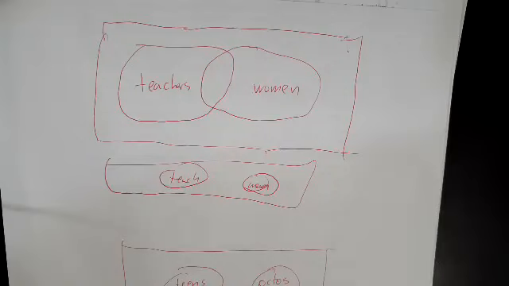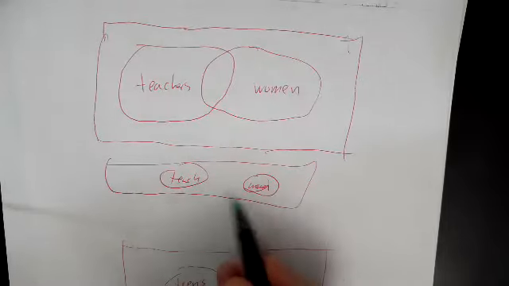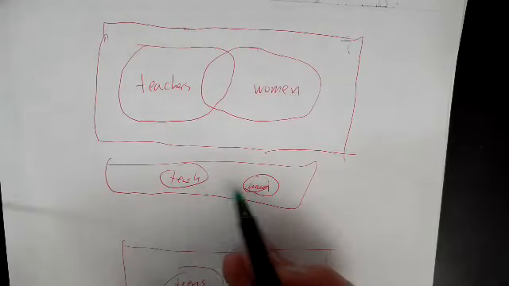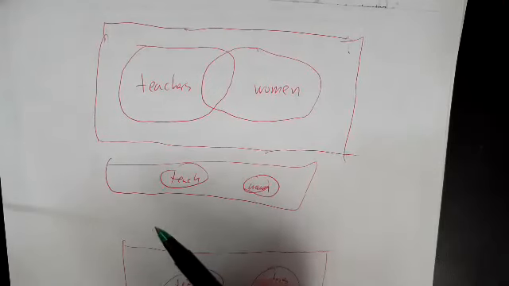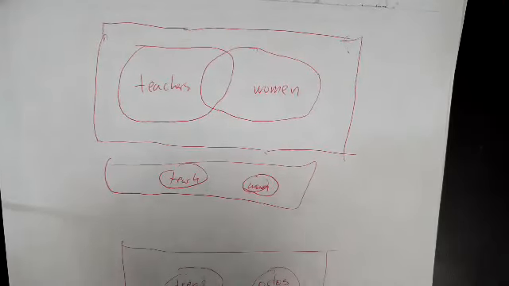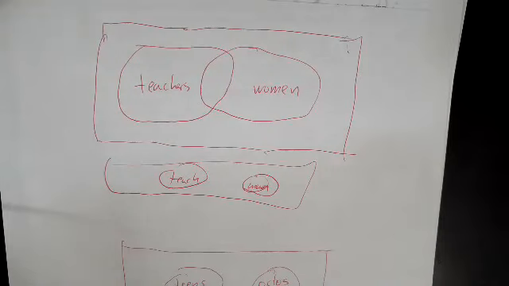Yes, there are female teachers. That does exist. But there's no way to tell that there are female teachers if the question doesn't say all teachers are women. This is where I'm getting confused, because when you say all teachers are women, that would be a subset, not an overlap.